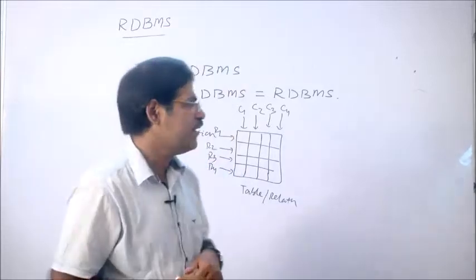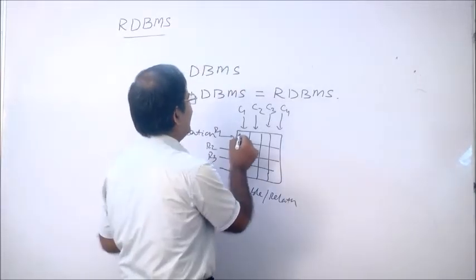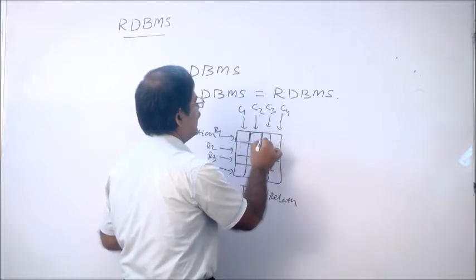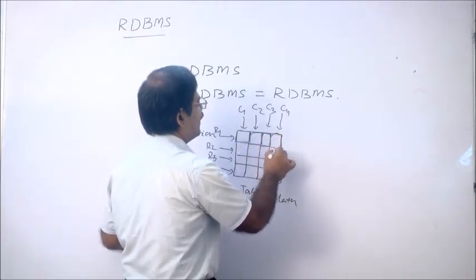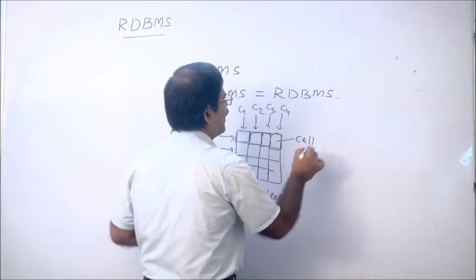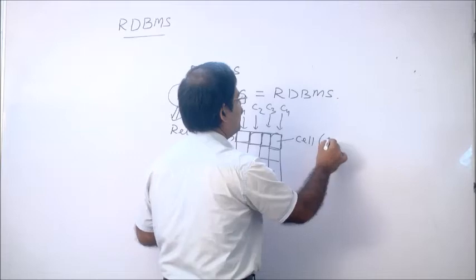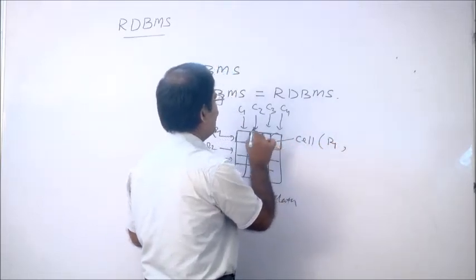And the cross section point of the row and column is called a cell. So, this is one cell, this is another cell, this is another cell. How to identify this cell? This is in row 1, what is the column? Column is 4.